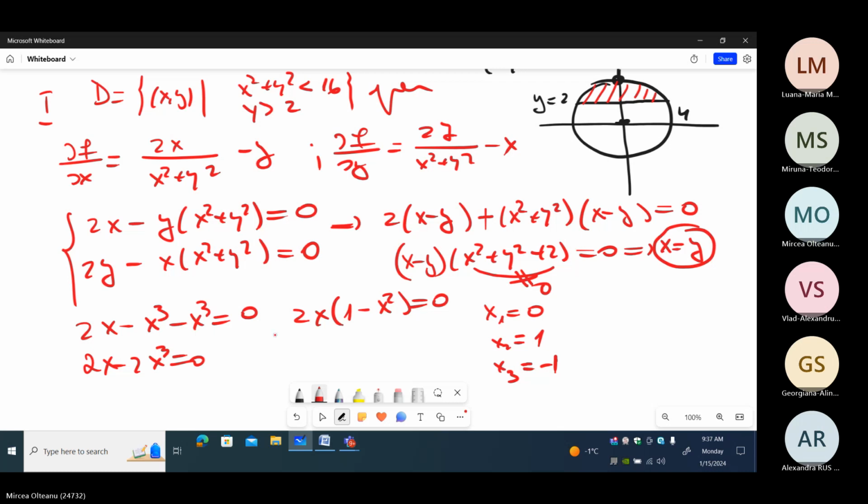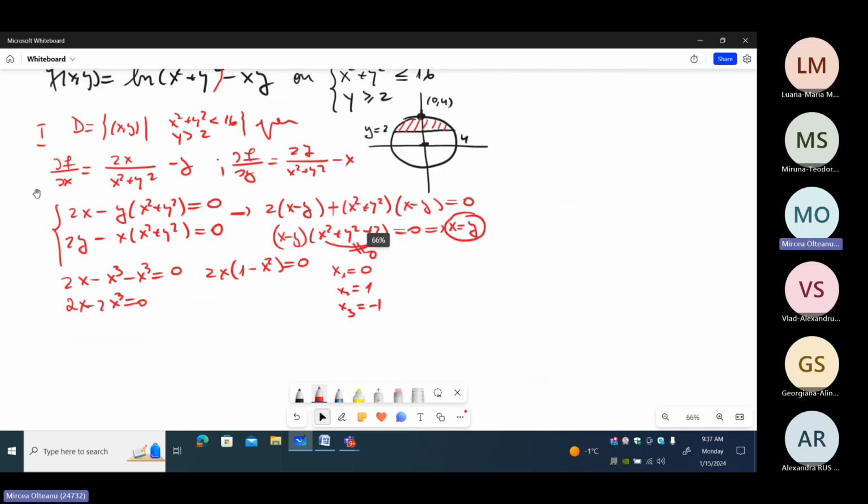Please tell me if you got the same values for the system, the same solutions for the system. So we've got the points (0, 0), (1, 1), (minus 1, minus 1).